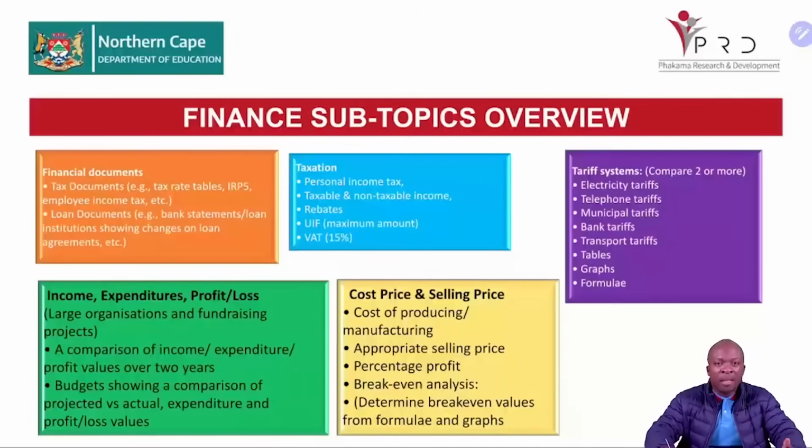All of them, the examiner will likely ask you questions about. Then we have tariffs, which include electricity, transport, telephones, municipal tariffs, tables, graphs. The examiner is going to be asking you questions on a variety of situations with the hope that you will be able to respond to them so that you get marks.